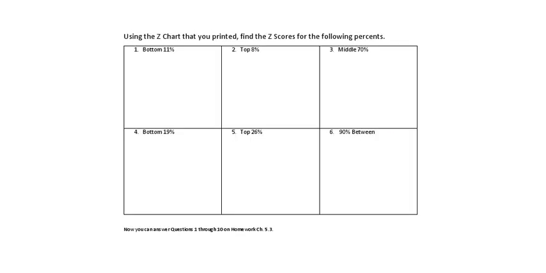Okay, so here we have 6 questions with percents, 2 bottoms, 2 tops, and 2 middles. And we want to see what we can find. All right, so first for the 11%. 11% is the same as saying 0.1100. See if I can get that in.